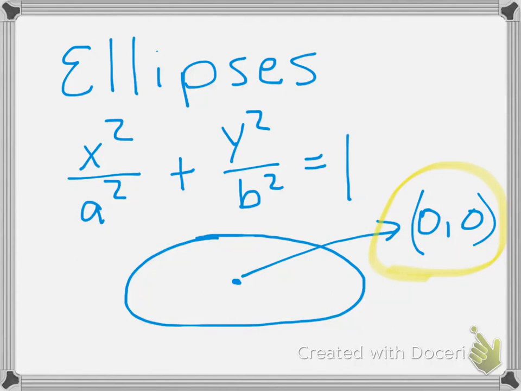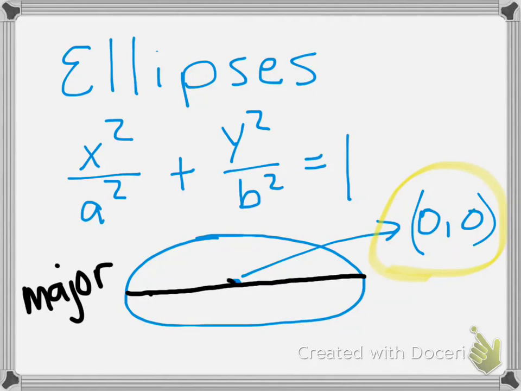So let me label some things for you so you can find these things when we're graphing. In this ellipse that I've drawn, the long distance that goes all the way across, the longest end, is called the major axis.